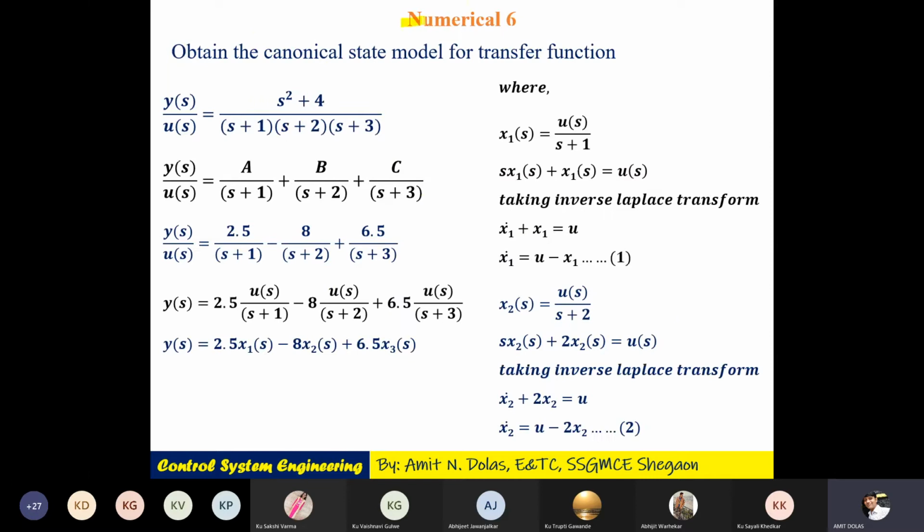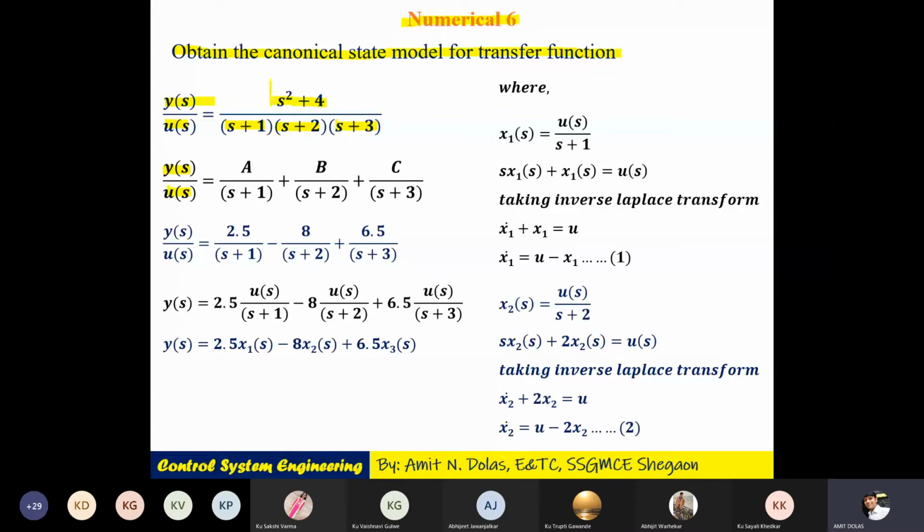So here we'll directly move to numerical number 6: obtain the canonical state model for a transfer function. Say the transfer function is given, Y of s upon U of s is equal to s square plus 4 divided by (s plus 1)(s plus 2)(s plus 3). Of course, by using partial fraction, you may go through this.